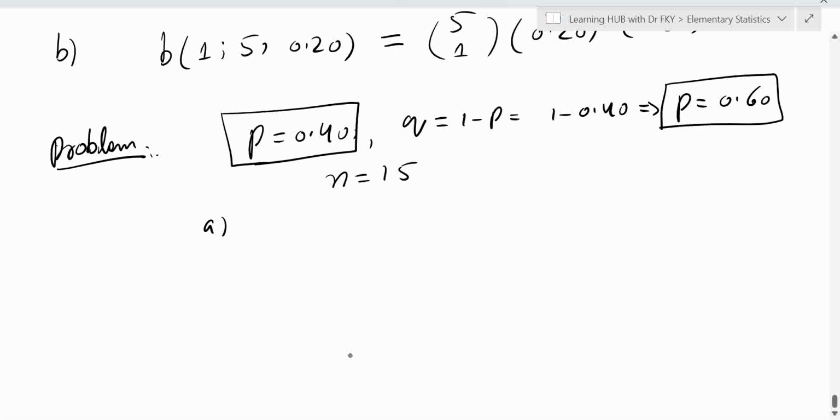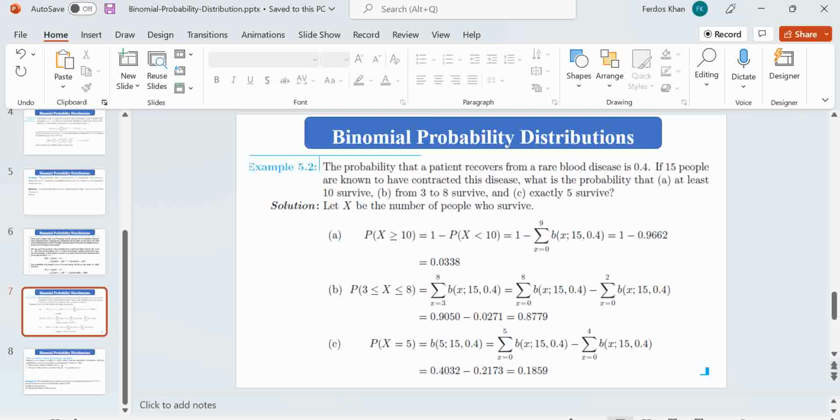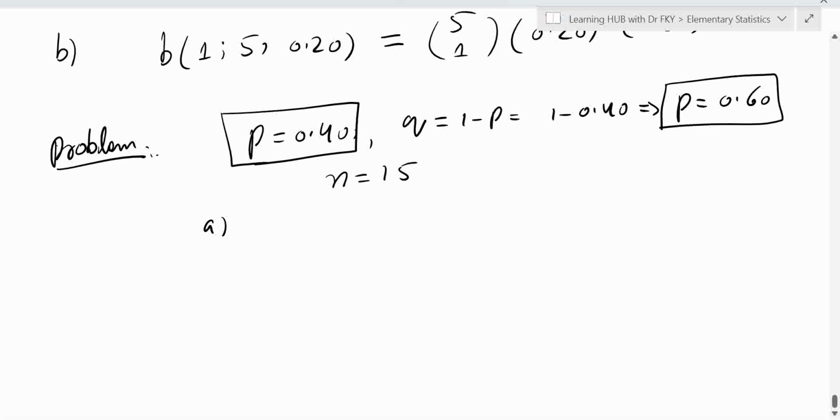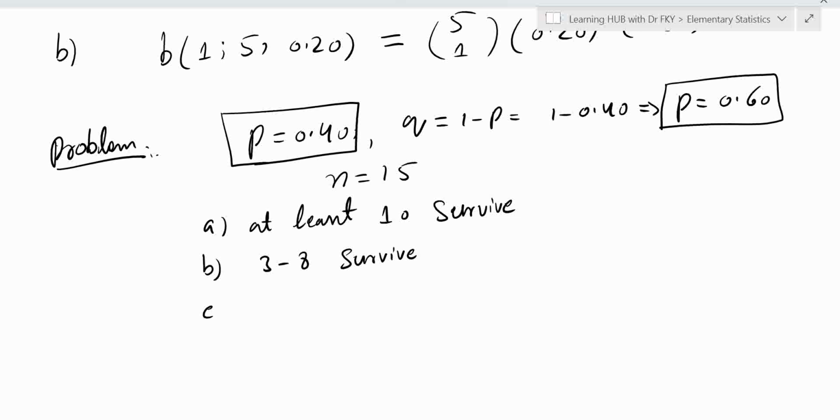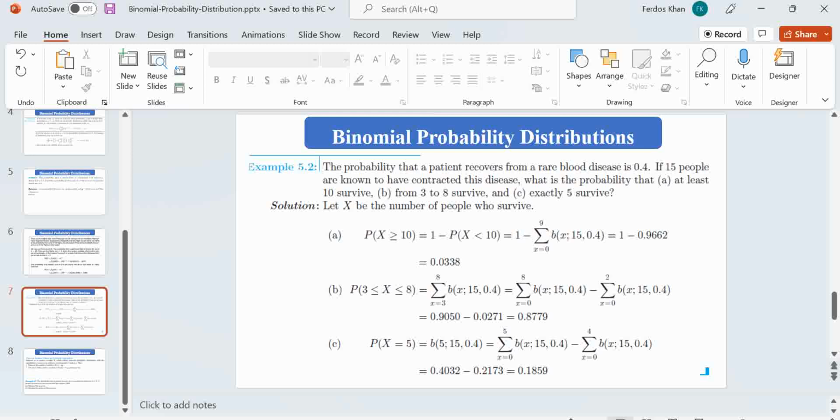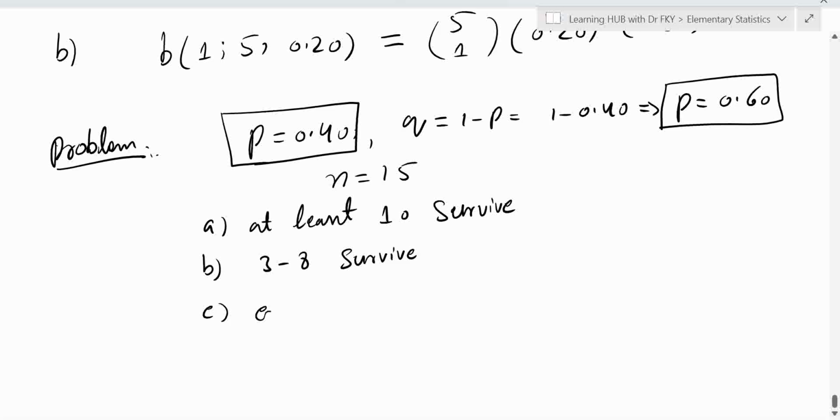So A is at least 10 survive, B, 3 to 8 survive, and C was exactly 5 survive.